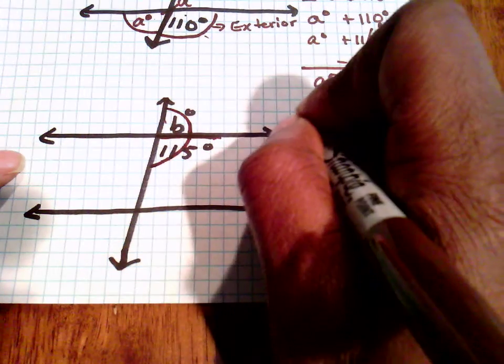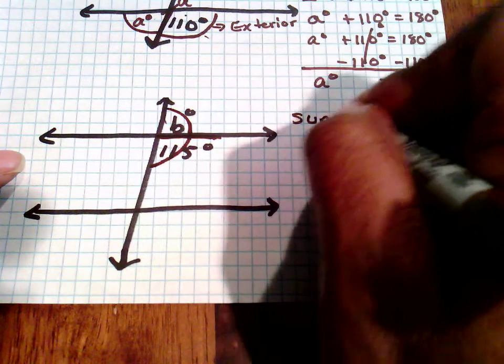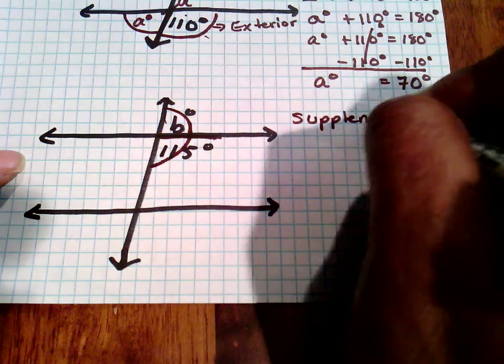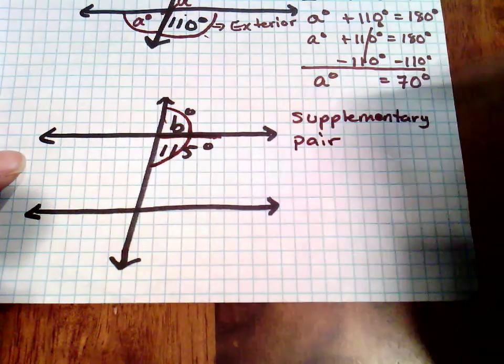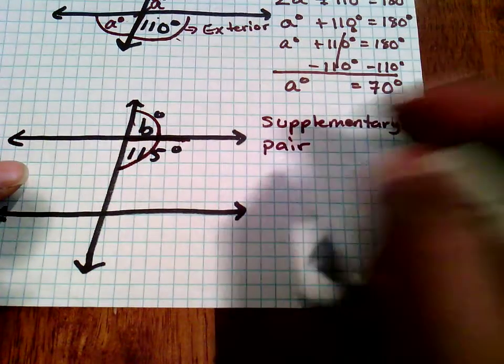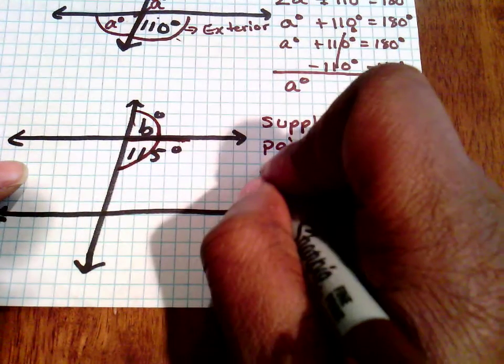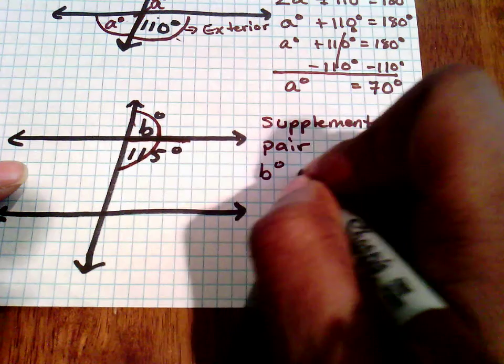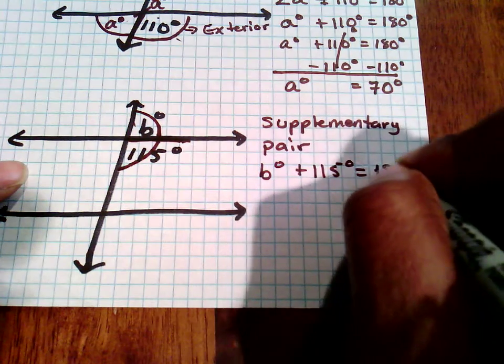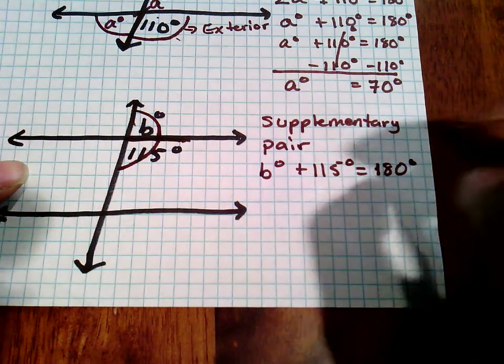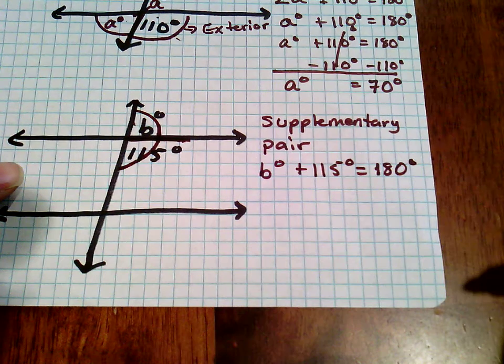So here again, we have a supplementary pair. So now that means our B degree angle plus the 115 degree angle will sum to 180 degrees. And now what's left for us is to solve for our B degree angle.